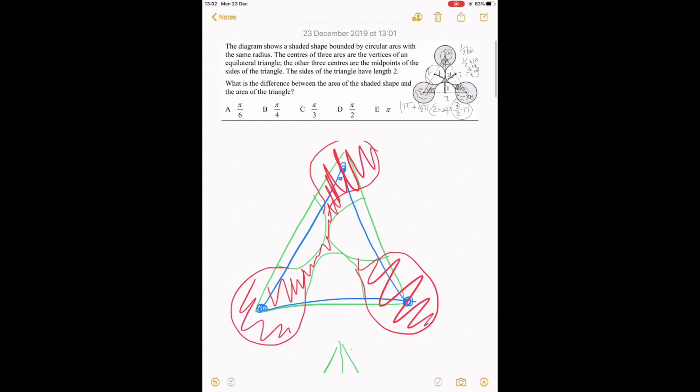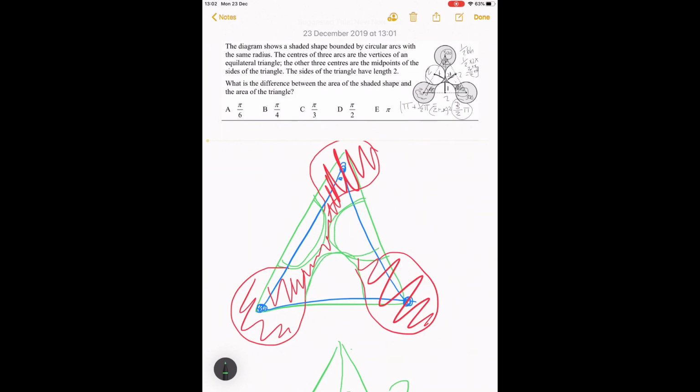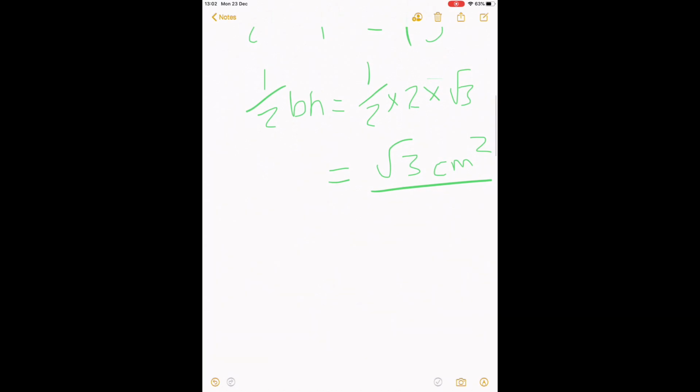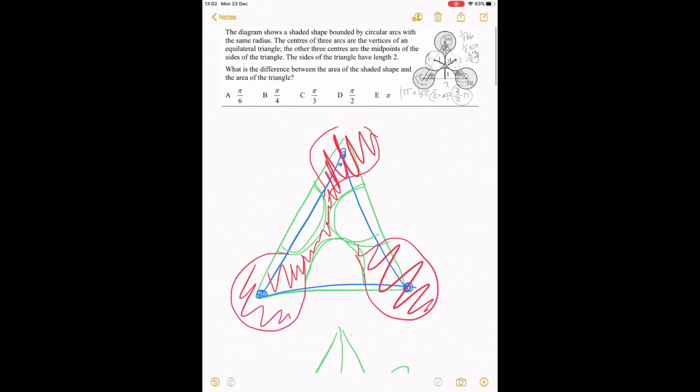Now we can find out the areas of our white semicircles in the middle, and then subtract that from the area of our triangle to find out the area of the red shaded area in the middle. So we have to find the radius. In our question it says that the circular arcs have the same radius.